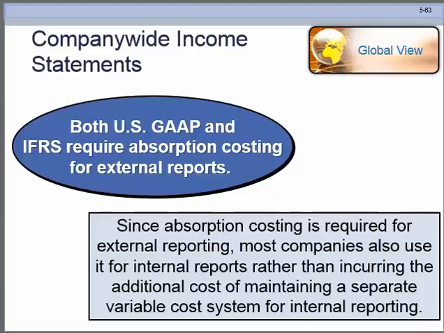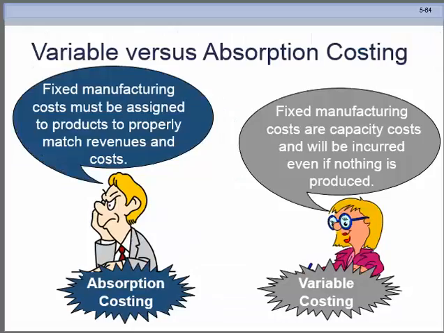So it means that you're going to have a couple different types of reports, one to file with governmental entities and external parties, and one for internal reporting. So back to this idea, variable versus absorption. Variable does not consider fixed manufacturing costs, and absorption does consider them.